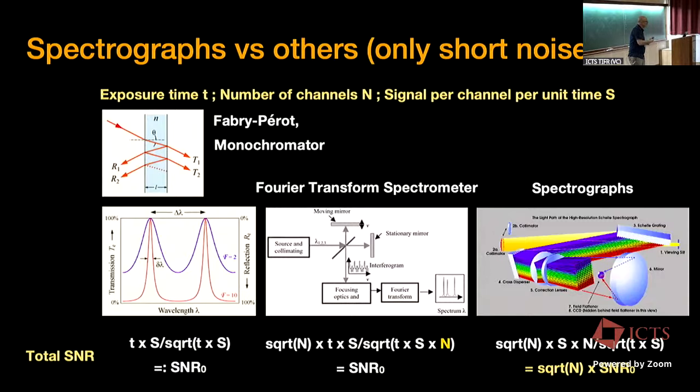But there is always something that at the end will not work out, and so we are still stuck to radial velocity, to spectrograph.